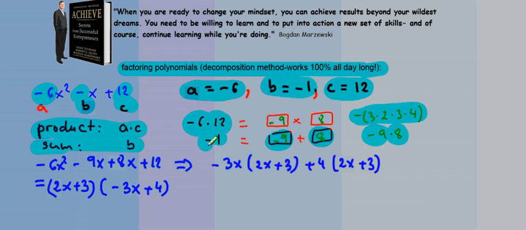Since our sum is negative 1, negative 9 and 8 was the only possible group of two factors that could be obtained from the product of negative 6 and 12.